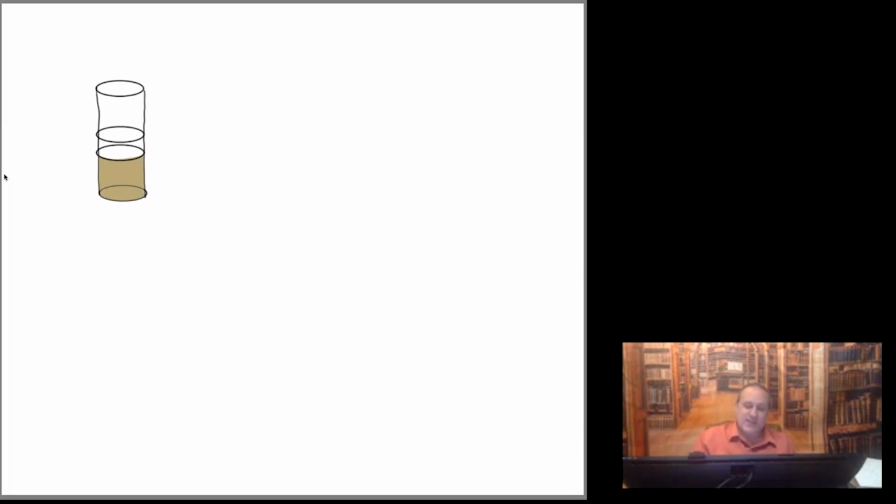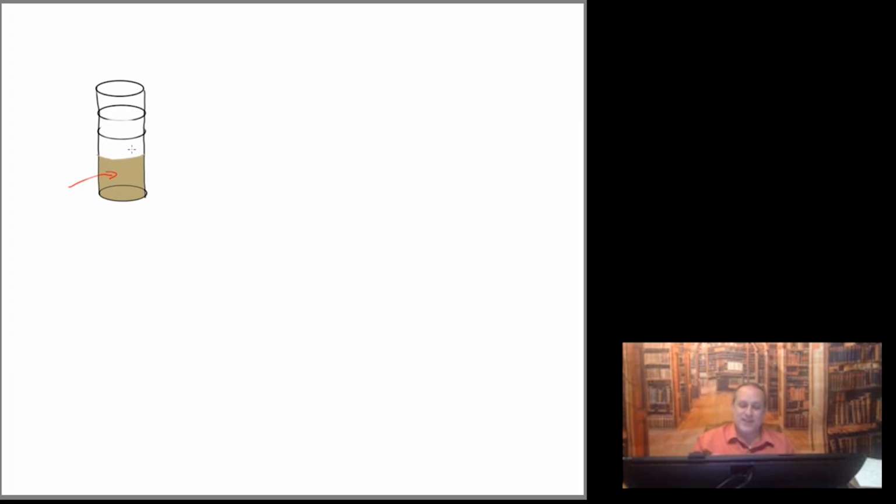And now we take some heat and we add heat. When we add heat, those particles start bouncing around faster and faster. That creates a higher pressure. And this piston, which is sort of a plug, is going to move up a certain distance.